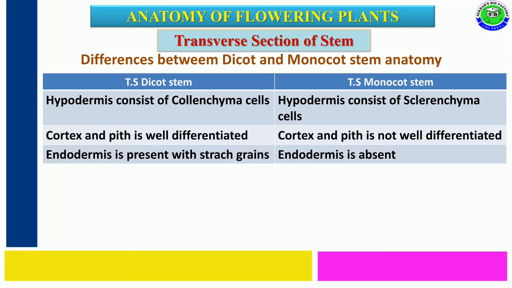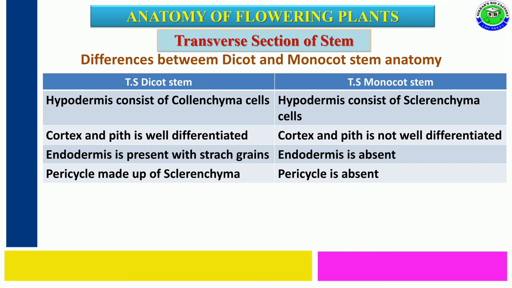The endodermis is present with starch grains in the dicot, but such an endodermis is absent in the monocot stem. The pericycle in the dicot stem is made up of sclerenchymatous cells and discontinuously present in the form of semilunar patches. But the pericycle is completely absent in the monocot stem transverse section.